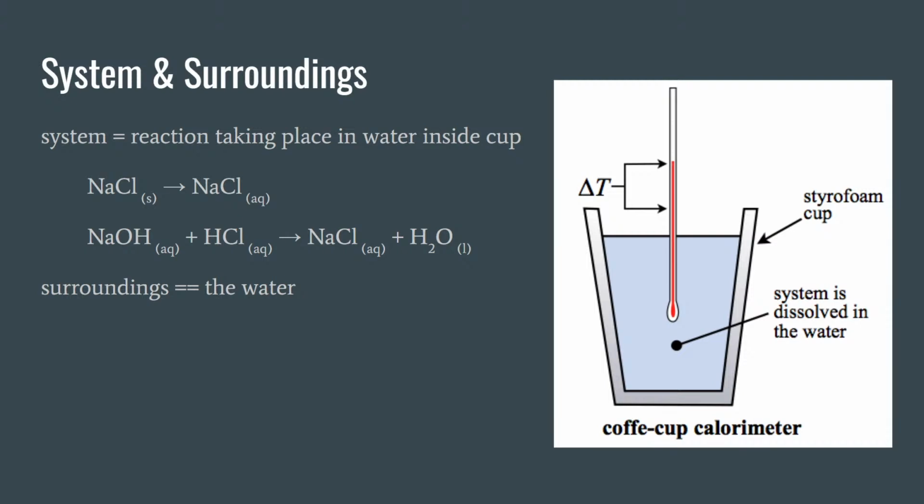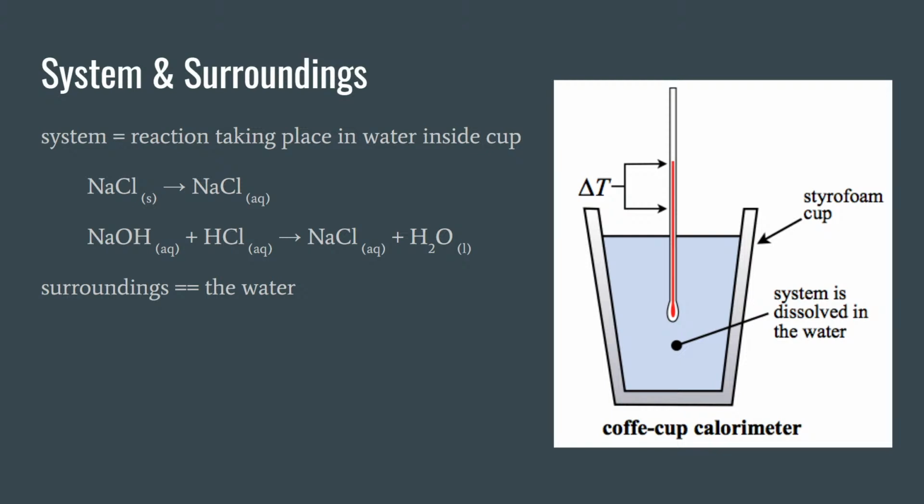Well, we're kind of cheating, and we're saying that the water is all of the surroundings. And on a short time scale, in the immediate, that's true. Technically, the heat of the reaction will diffuse out to the rest of the universe over time, but in the first minute, it's just having an effect on the water. So that's all you really need to measure. It's a decent cheat.